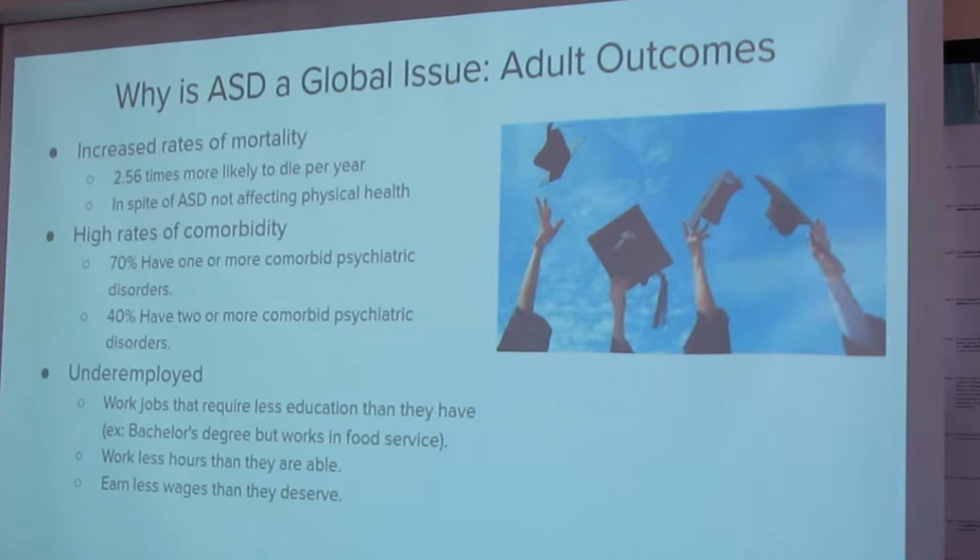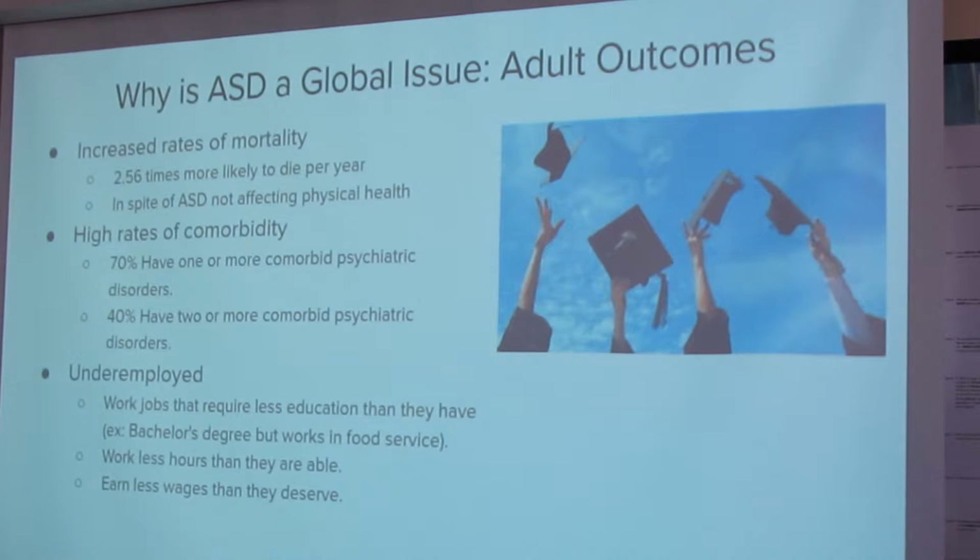Adults with autism also have really high rates of comorbidity. 70% have at least one psychiatric disorder, and 40% have two or more psychiatric disorders. And then I think a really big reason, and a big theme that we talked about in this class, is that they're underemployed. There are plenty of adults with autism who have college degrees, graduate level degrees, really smart, really capable people who are working in service industry, fast food jobs, because for whatever reason they just wouldn't get hired elsewhere.